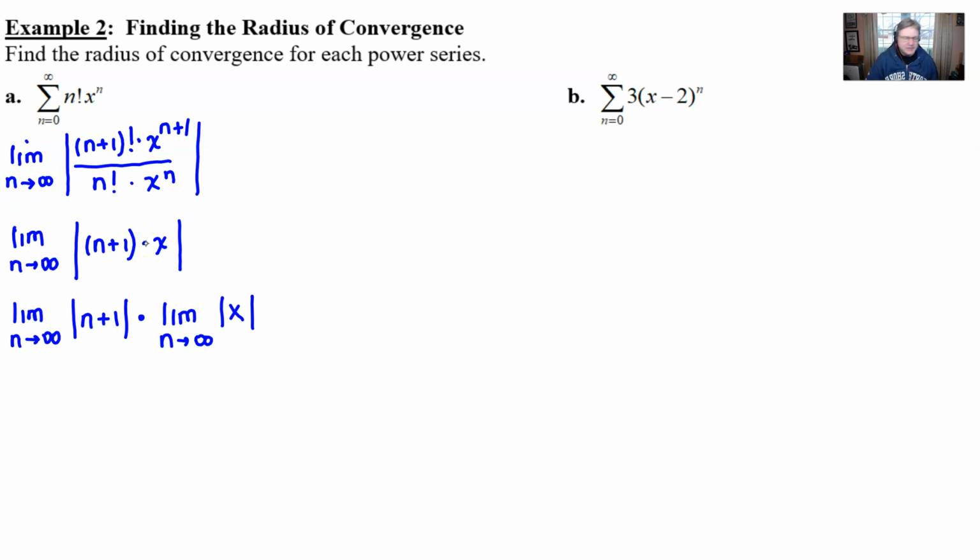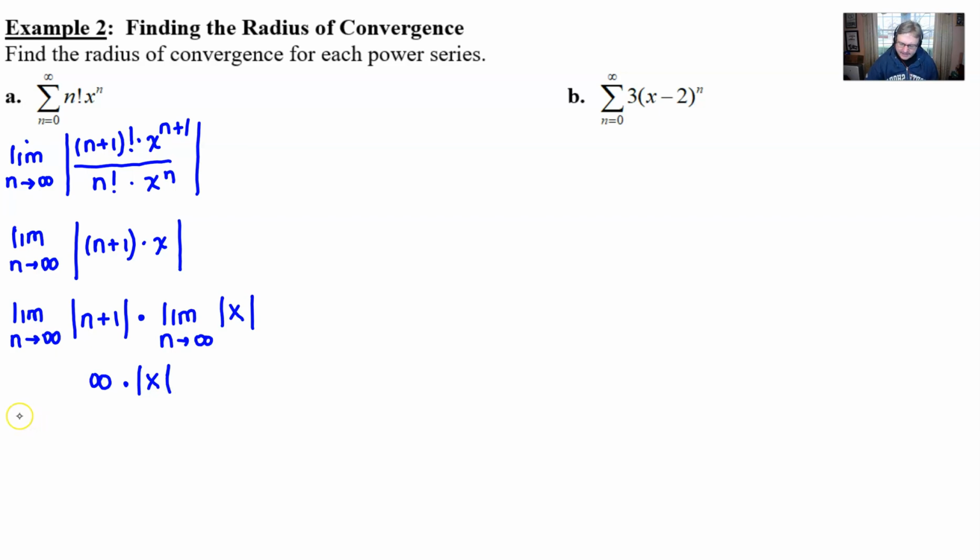Some students don't need to write this step because they can see what's about to happen. In other words, the first limit here is going to be infinity. And then if we multiply that by the limit of the absolute value of x as n approaches infinity, well, we can let n approach infinity all day long for the absolute value of x, and we're not going to get anything other than the absolute value of x.